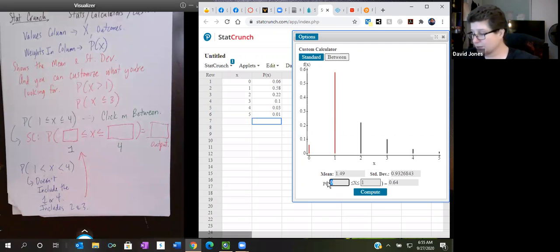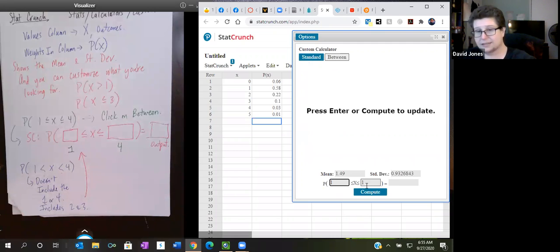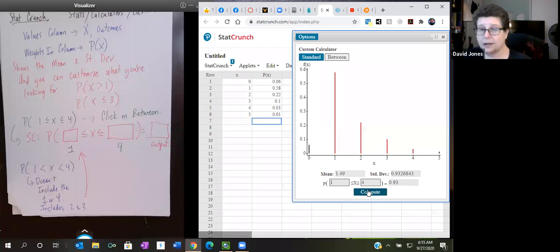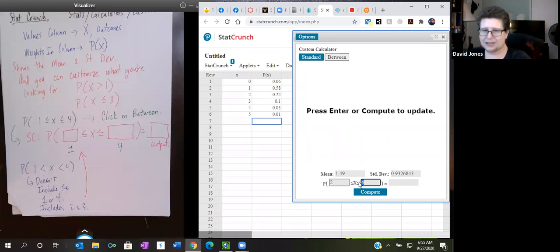So, and I'll illustrate both. The one that I said 1 is less than or equal to X, less than or equal to 4. Notice 1, 2, 3, 4, those columns are in red. It's counting up each of those. The probability. Okay. If I want 1 is less than X, less than 4, I only want the 2 and the 3. I'm not including 1 and 4, which means I just need to change this to 2 and 3.